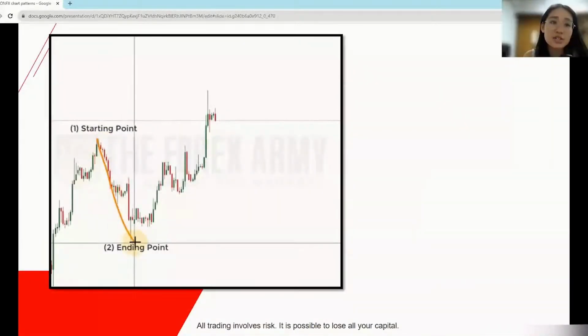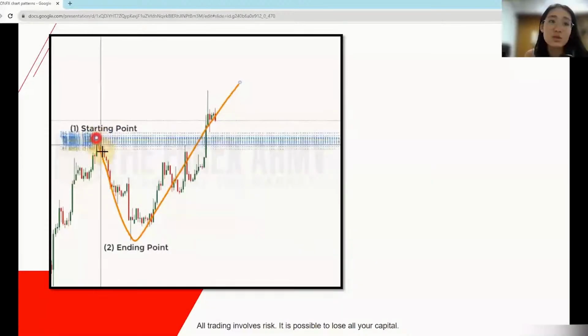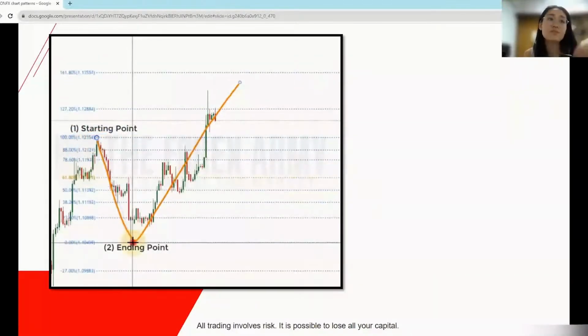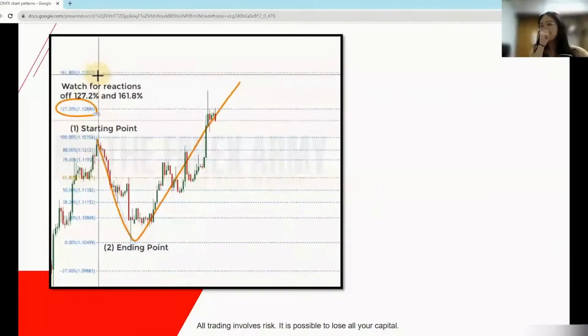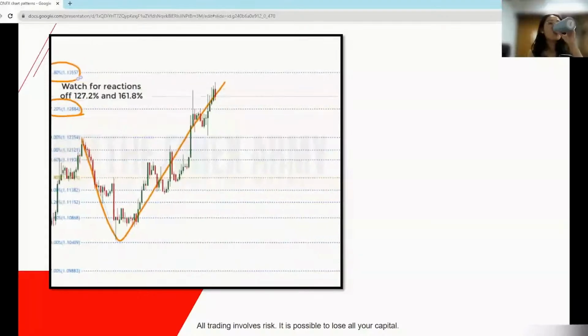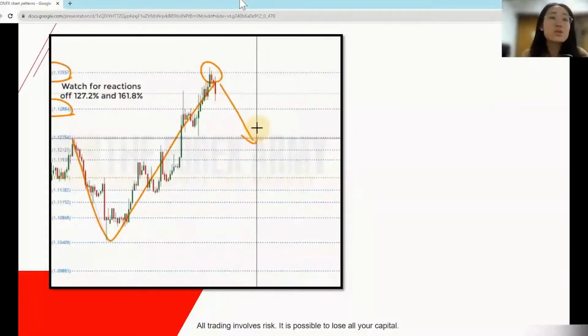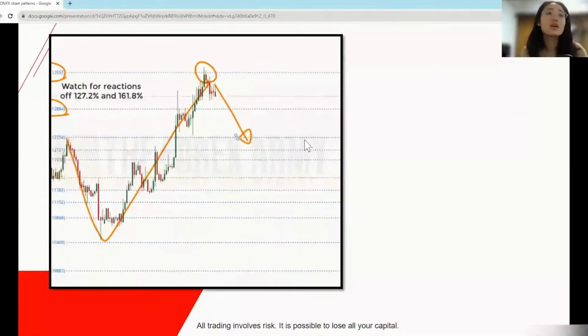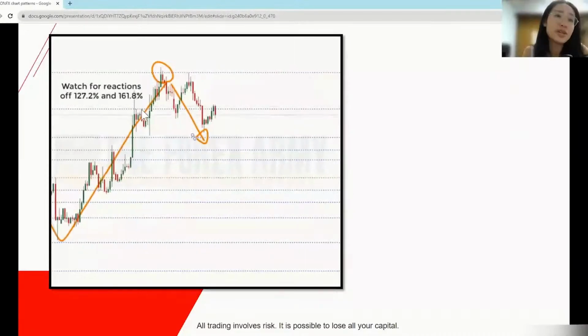Okay, here is a GIF to show you guys exactly what kind of shape you should be looking for when you are making use of Fibonacci extensions. Okay, so we're looking for reactions off of the 127.2 and 161.8.